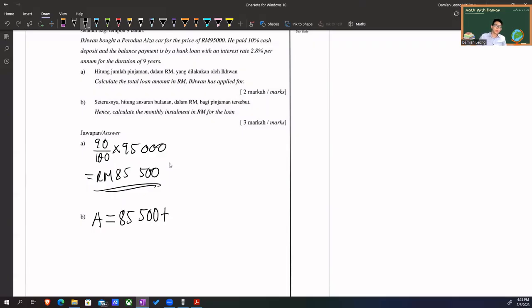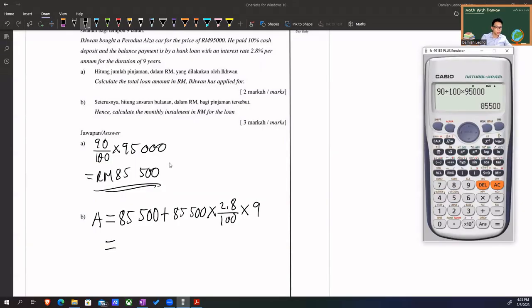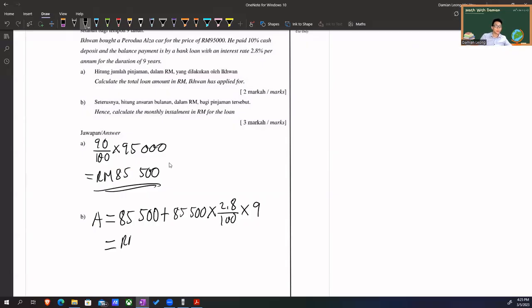Again, interest is PRT, principal times interest rate, 2.8 over 100, times time. Time is 9 years. So 85,500 plus 85,500 times 2.8% times 9. Then I get 107,046 ringgit.